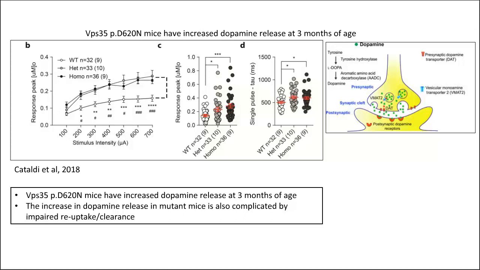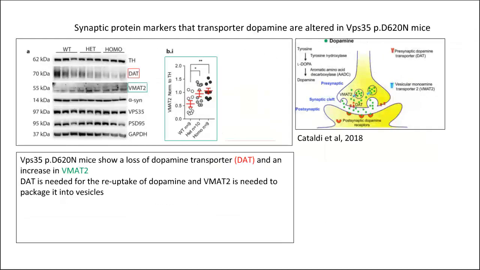We have work that is ongoing trying to understand whether this will begin to decline as the mice age, which typically happens in patients with Parkinson's. And we were really intrigued by that result, because it spoke to the modeling of the mutation in the mouse.